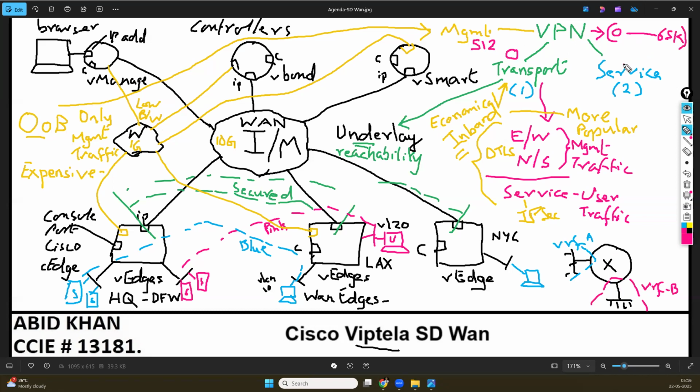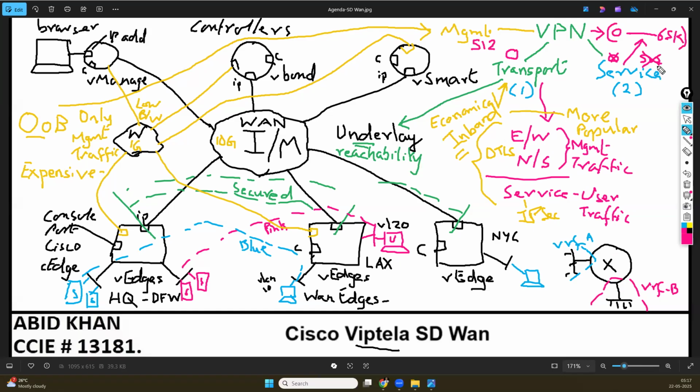Service VPNs can have any number in this range except 0 and 512. Later on I'll show you, we'll create a service VPN.